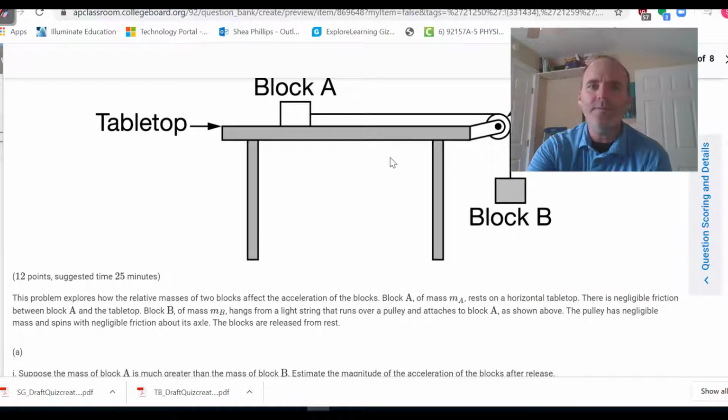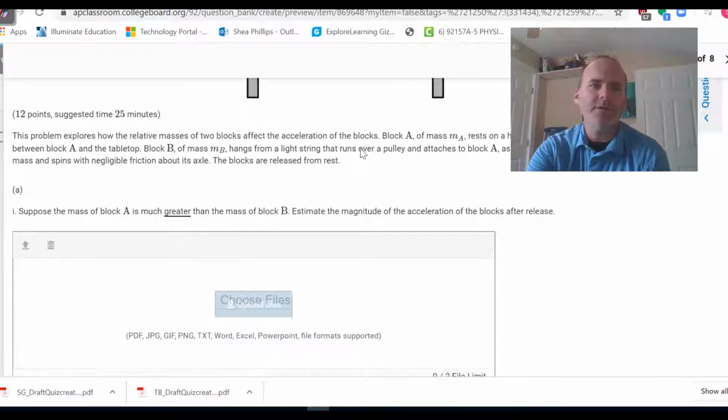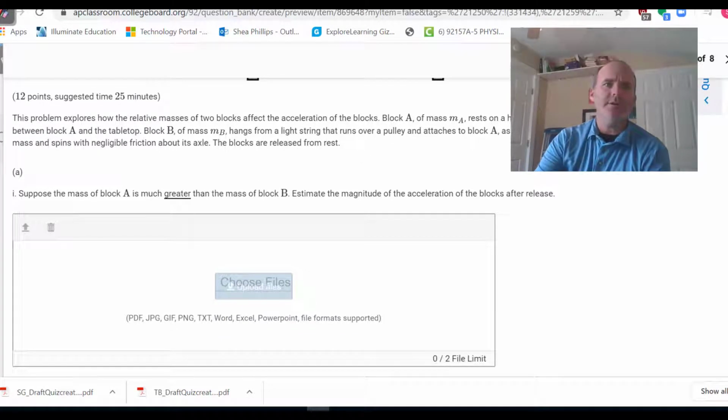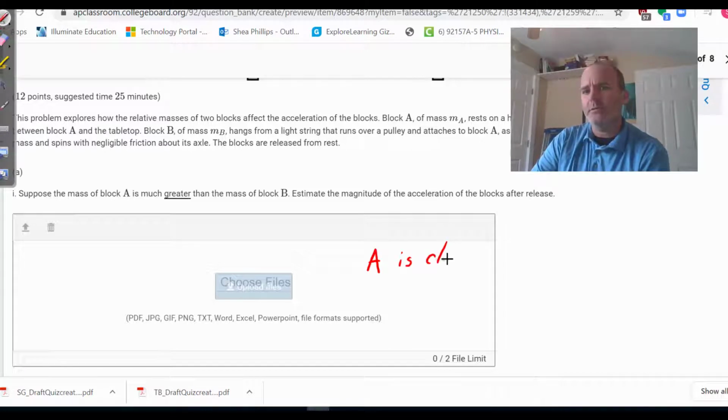Well, it's not going to accelerate much because block A has such a big mass. So if block A is much bigger, we can say that the acceleration is close to zero.